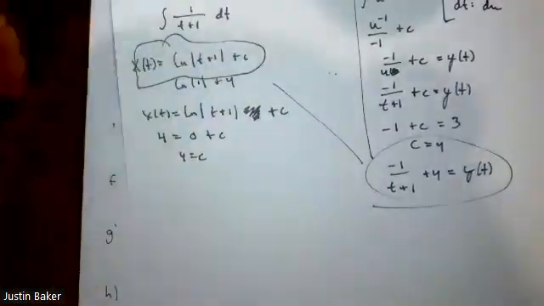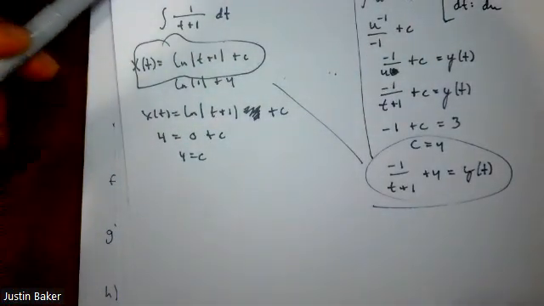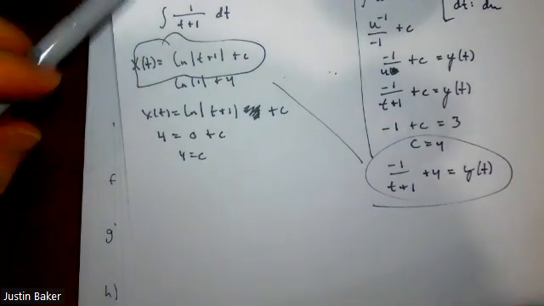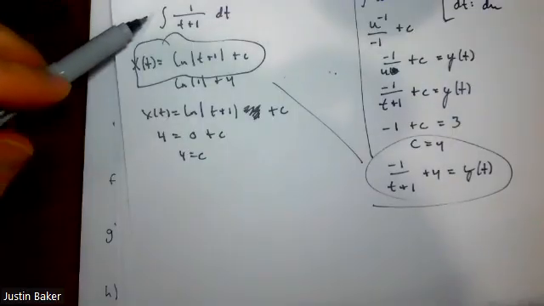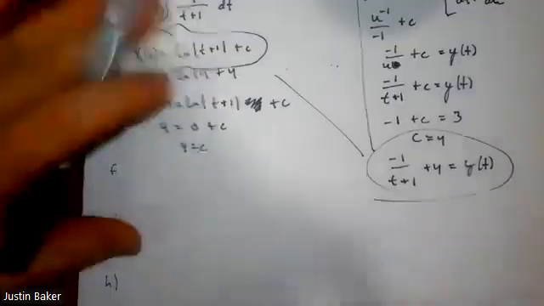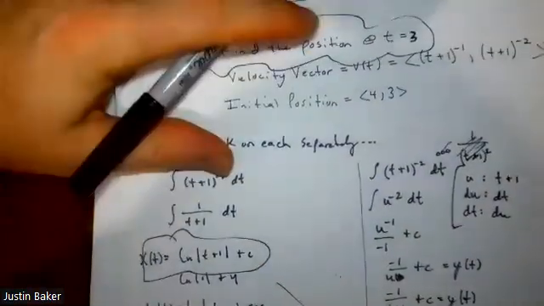Okay, so these are the position functions. And what are we looking for here? We're looking for the initial position at 4, 3. So find the position at t equals 3.